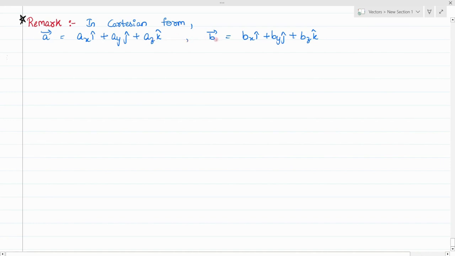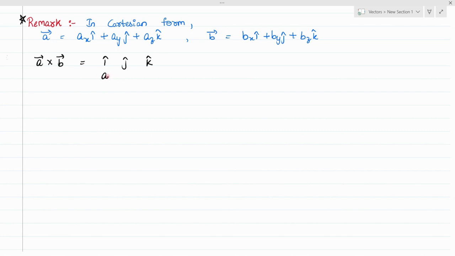If two vectors are given in the Cartesian form, then how do we find A cross B? To find A cross B, we will write it in this way, that is i cap, j cap and k cap on the first row.